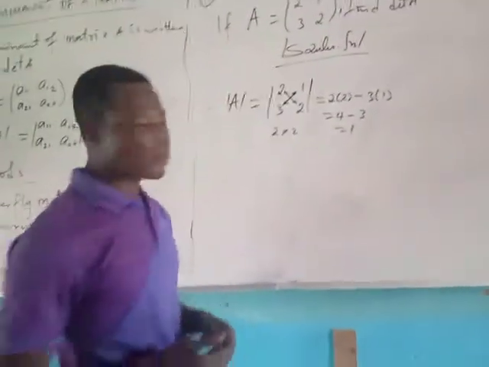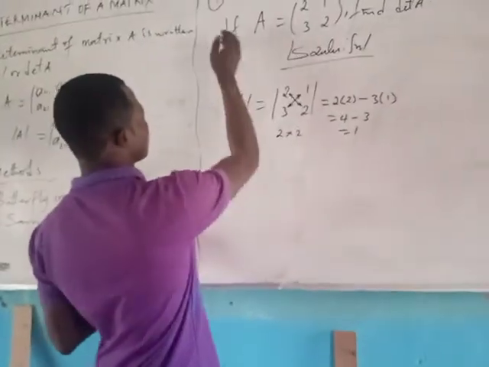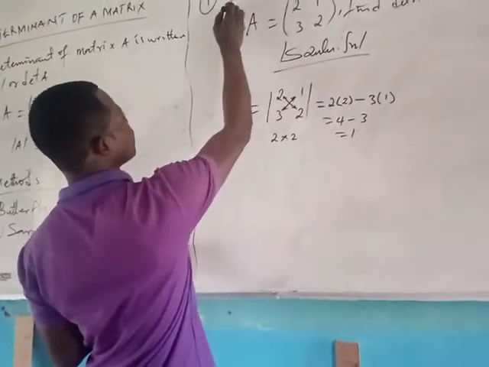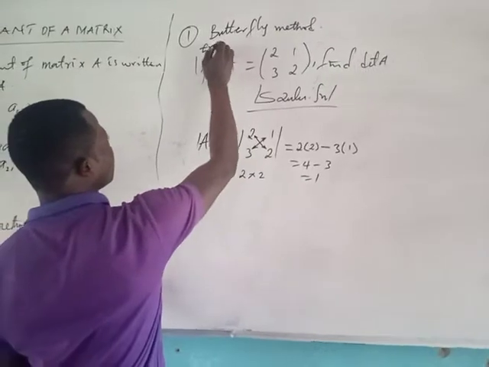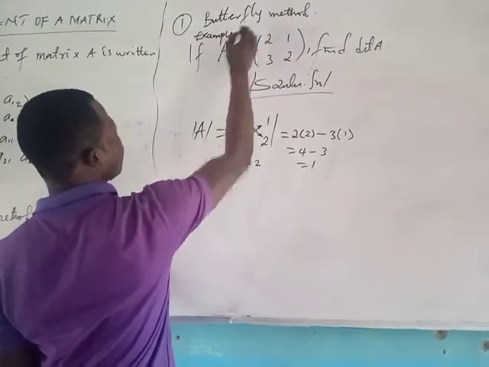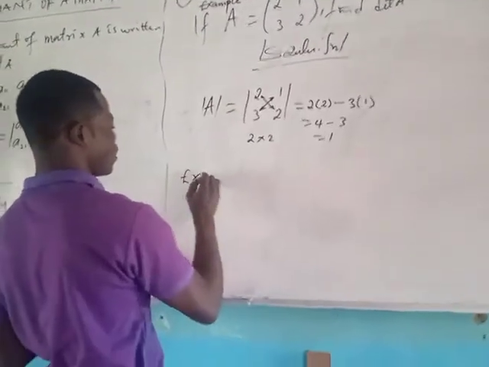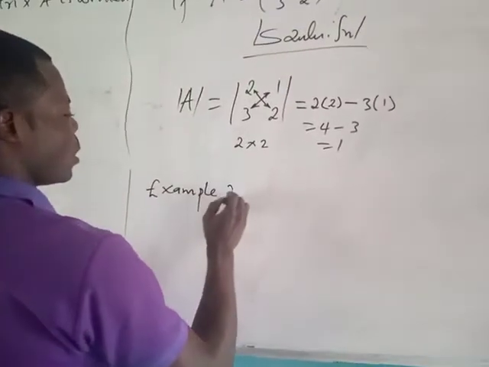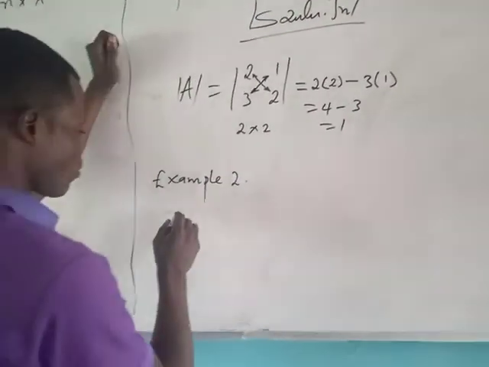So if it is 3 by 3, let's call this example 1. Example 2.